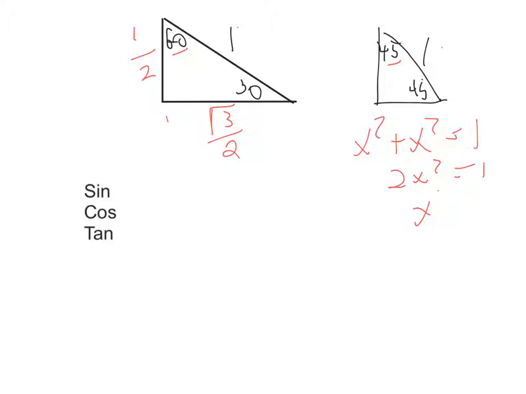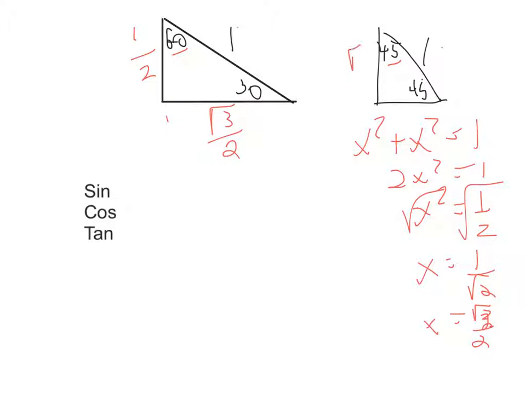Divide by 2, x squared equals 1/2. And then we square root both sides. We get x equals the square root of 1 over the square root of 2, which mathematicians don't like, so we do some math to it, and we end up writing it as the square root of 2 over 2.